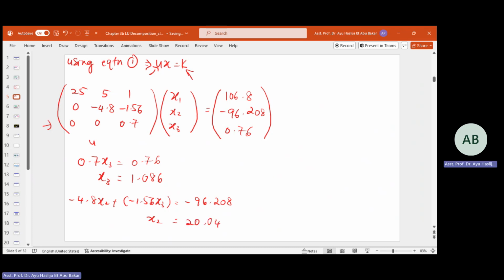Same thing for X1. Substitute all the known values, your X1 will be 0.22. So that is your final answer for the matrix. This is the LU method, the addition of the L matrix.